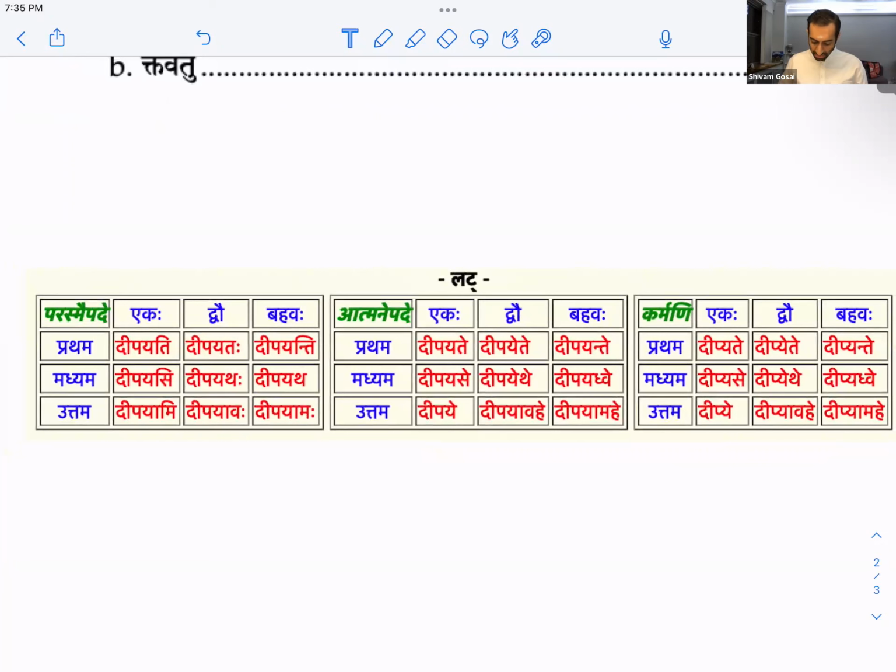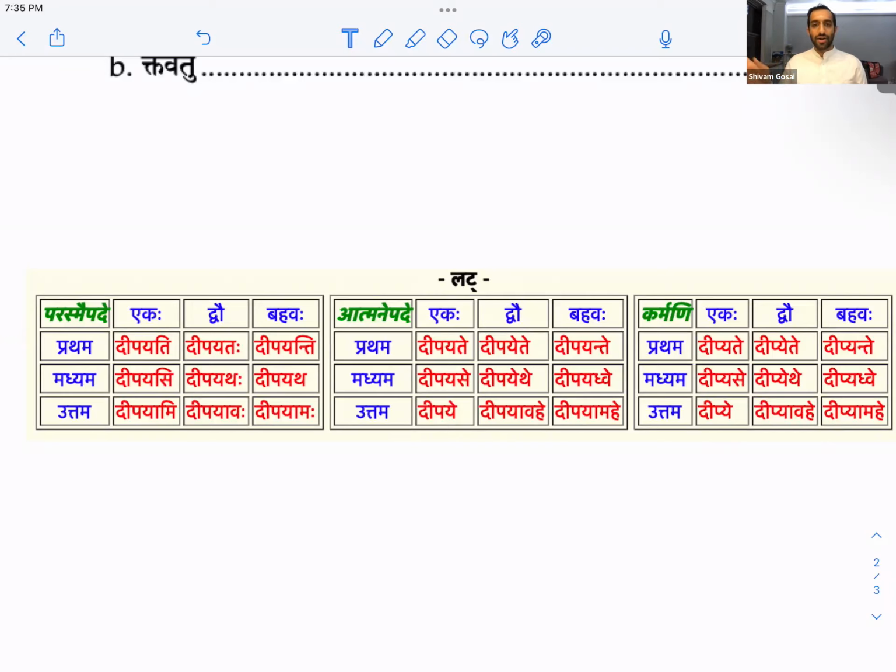Now you see how it's 1A, but it conjugates in both Parasmaipada and Atmanepada. So it's like Ubhayapadi. Both can happen, but they all conjugate like the first gana.